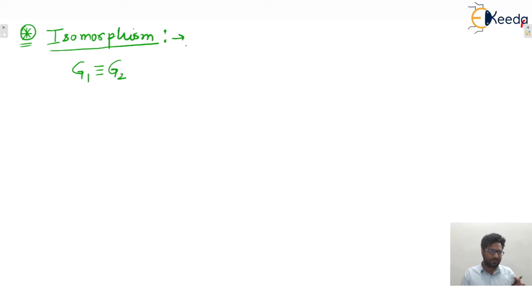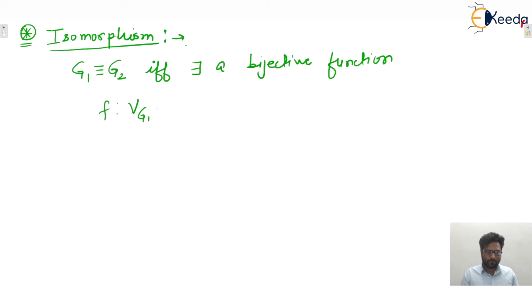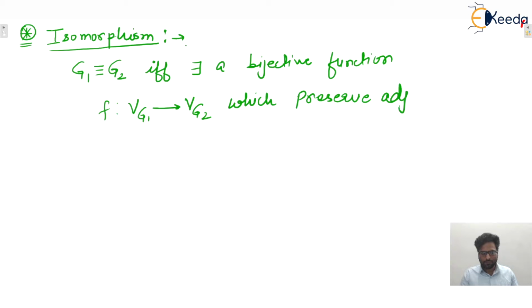So G1 is isomorphic to G2 if and only if there exists a bijective function f from the vertices of G1 to the vertices of G2 which preserves adjacency, isn't it?